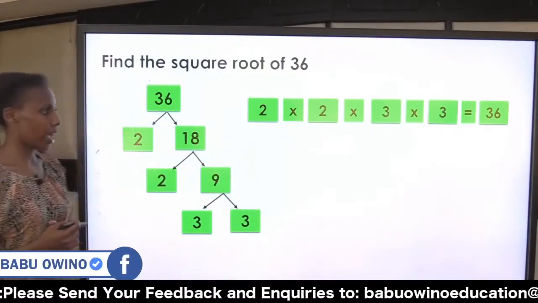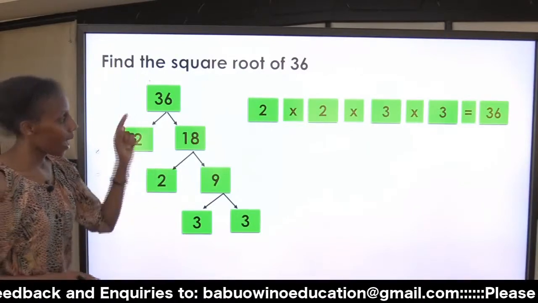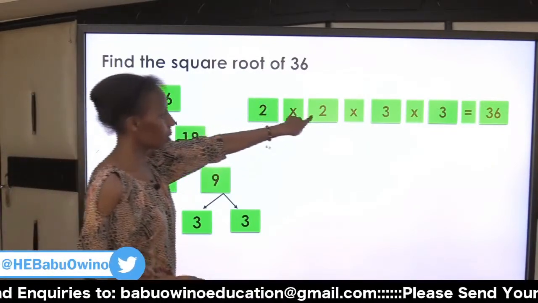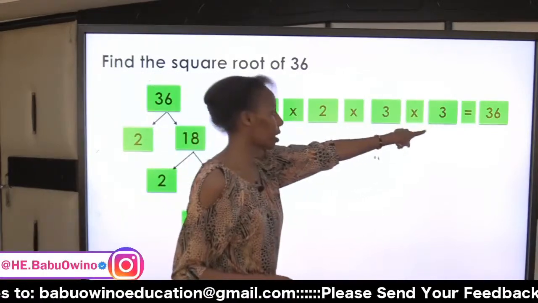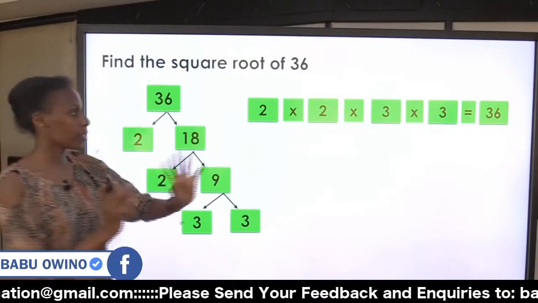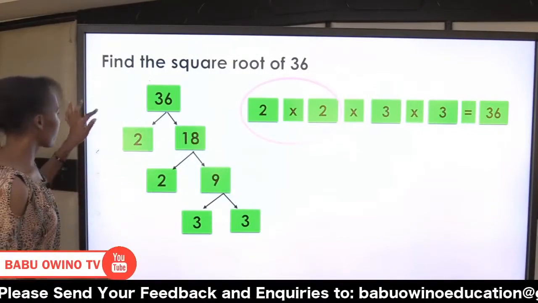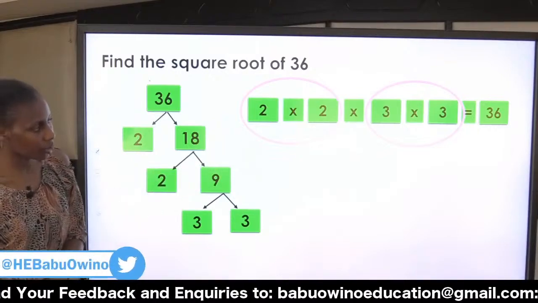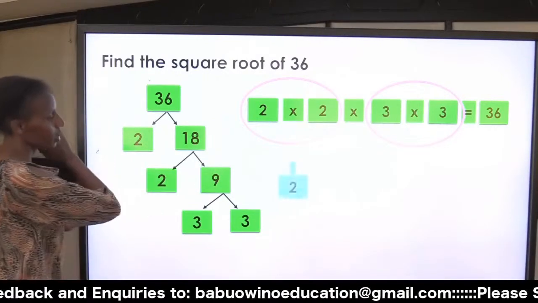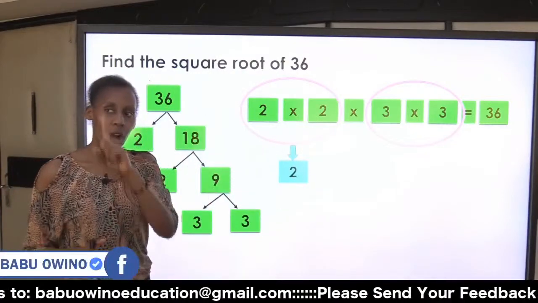So after doing that, we pair the prime numbers. As you can see, there's a 2, a 2, a 3, and a 3. So I have to make sure I put the 2's together and the 3's together so that I can pair them. So that is the first pair, and that is the second pair. So in each pair, I'm supposed to pick only one.